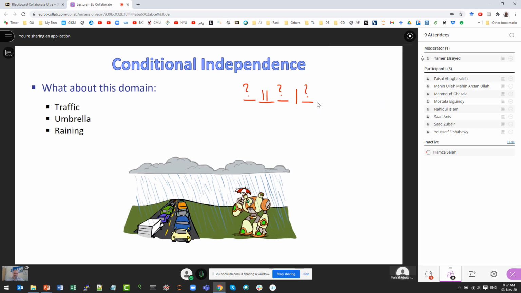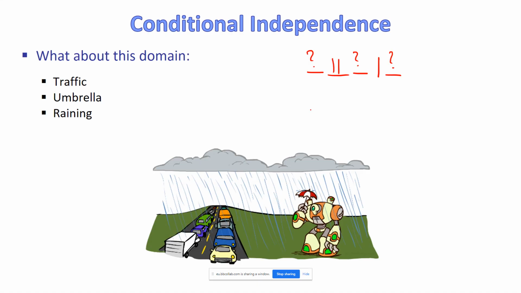Mahmoud? Traffic is conditionally independent with umbrella given raining. Okay, can you explain this? Why is that?